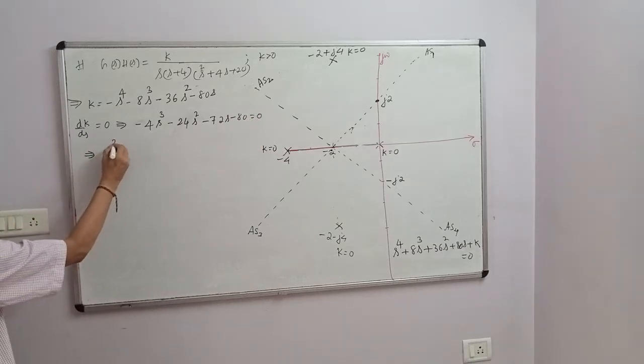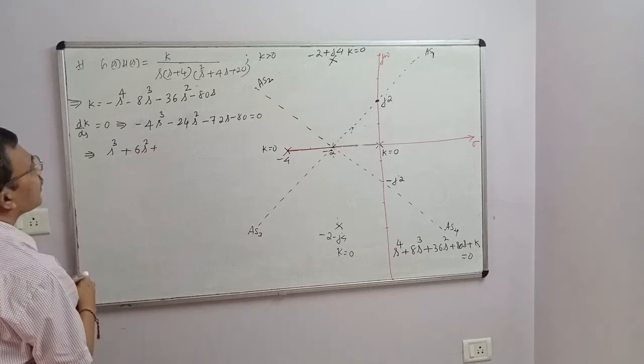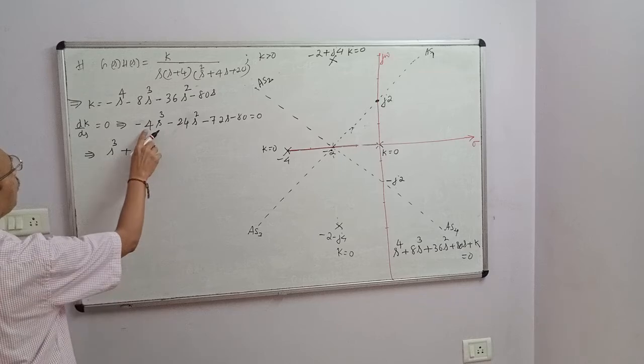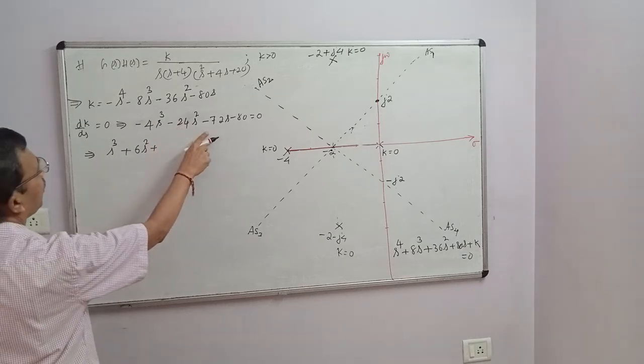Multiply throughout by minus 1 and divide by 4. This is 4s cube, this is 8 into 3, 24, 72s.